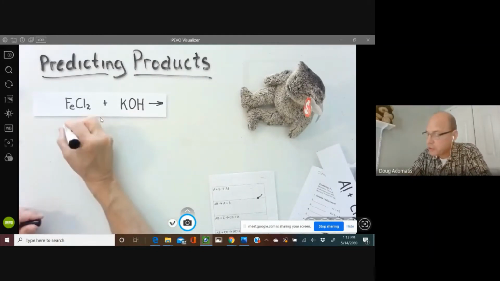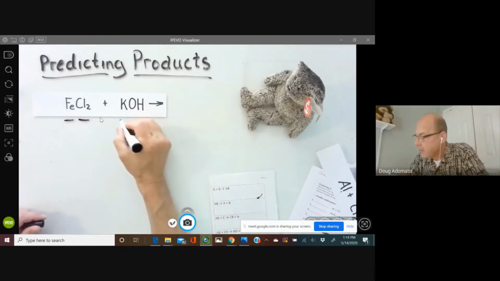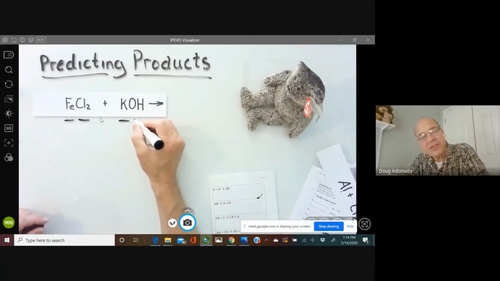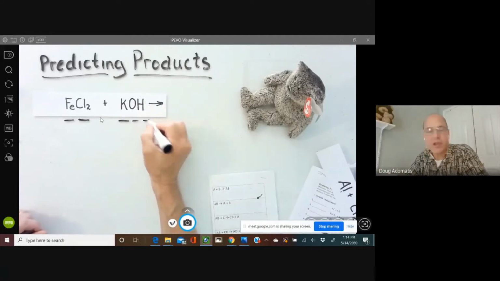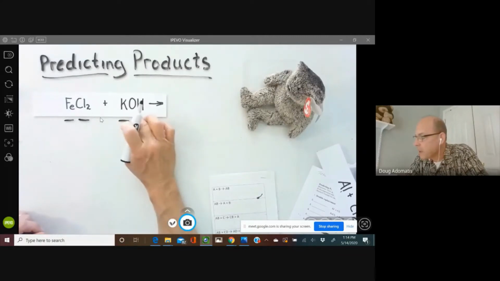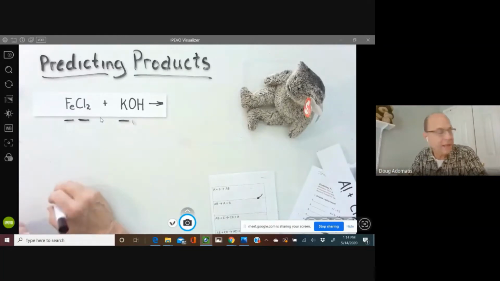You know that this is just iron and this is just chlorine and this is potassium. And this, you might want to say, oh, well, there's two things there. Nah. You're going to have to be a little bit up on your polyatomics.